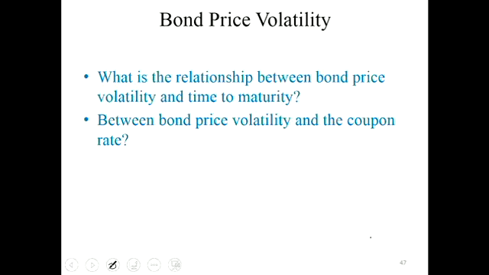So, taking the top one there, what's the relationship between price volatility and time to maturity? Okay, assuming everything else is equal, the longer the time to maturity, the greater the bond price volatility.